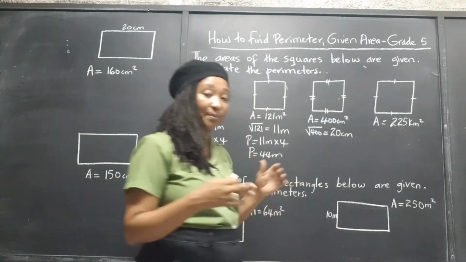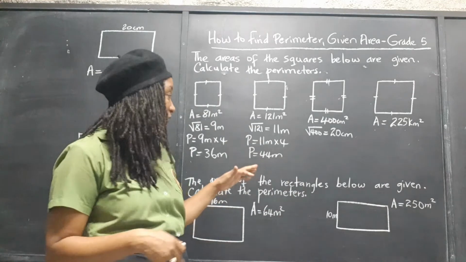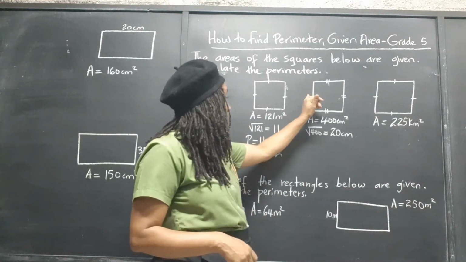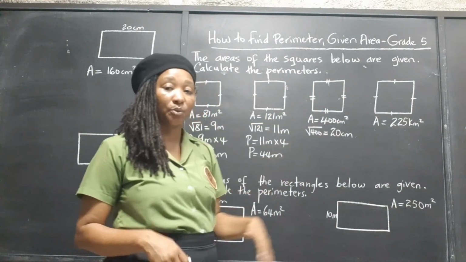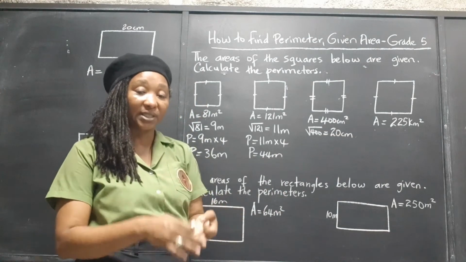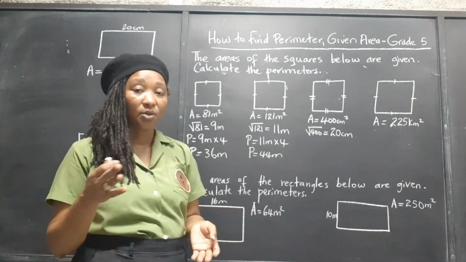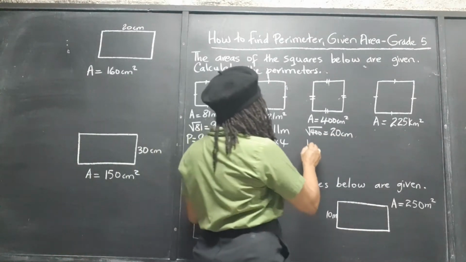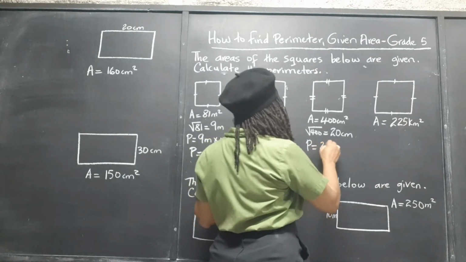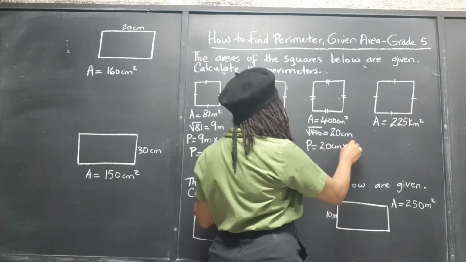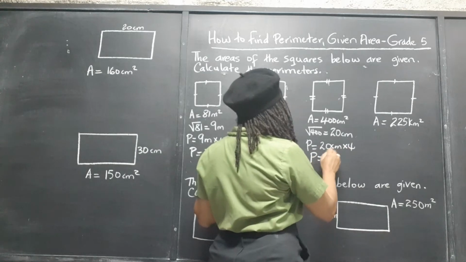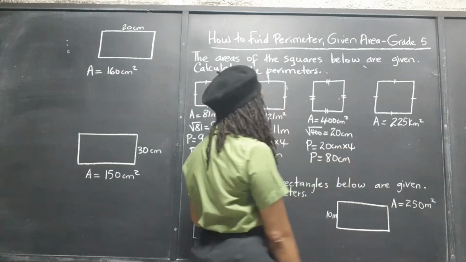Check it, 20 times 20, work it out, you'll get 400. So if each side is 20, then it will be 20 plus 20 plus 20 plus 20, or 20 times 4. The perimeter is 20 centimeters times 4, which gives 80 centimeters.